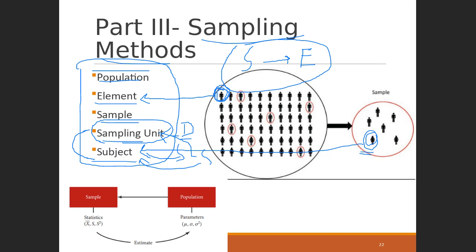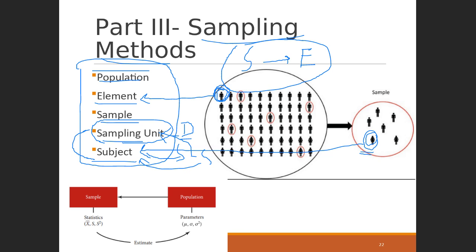If your research is on supervisor and subordinate interactions, basically you are researching dyads, a group of two people. That group of two people would be regarded as a single sampling unit. But because there are two people, there would be two subjects in that particular dyad.